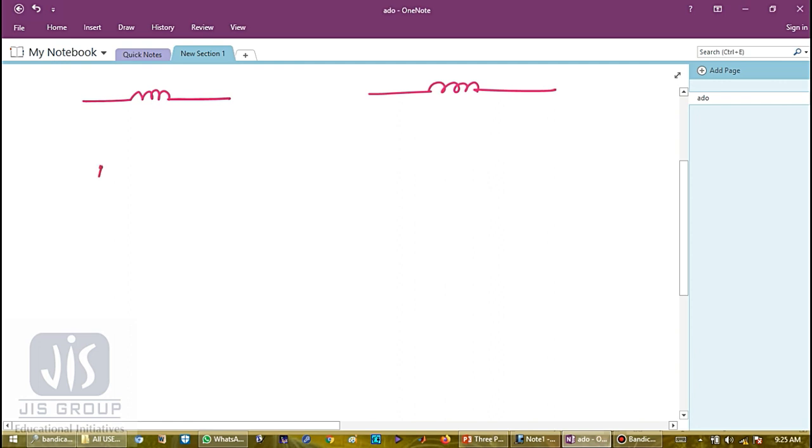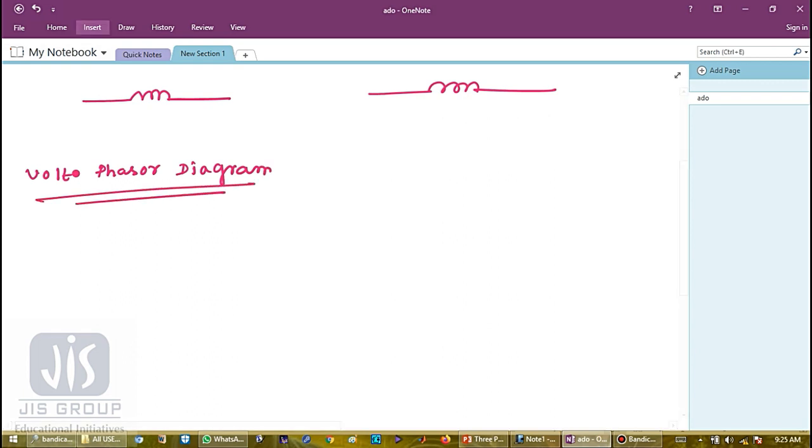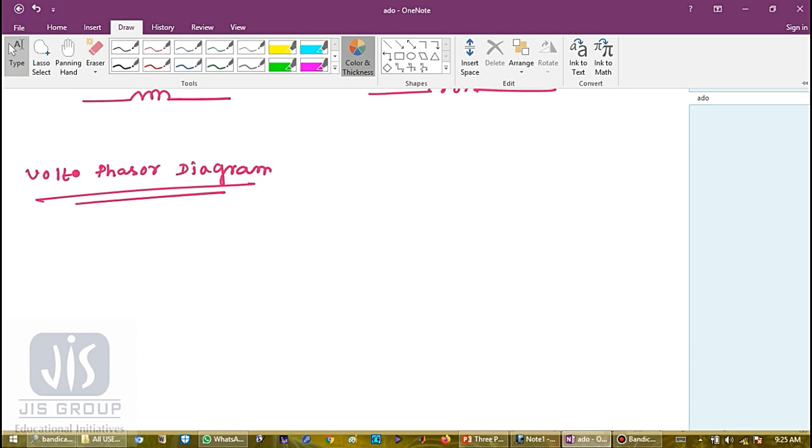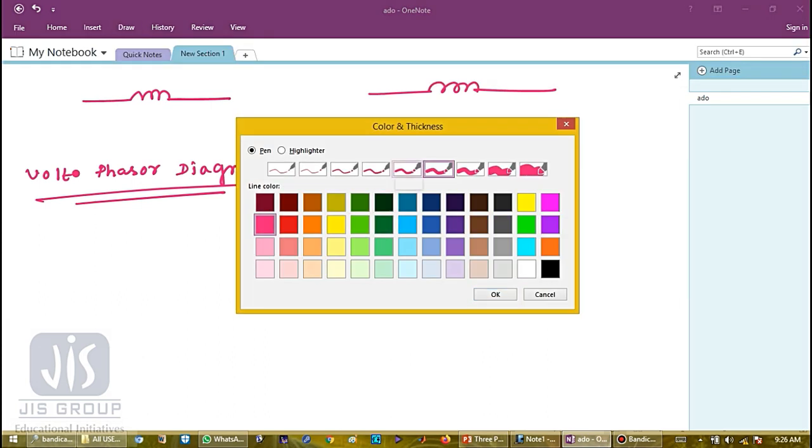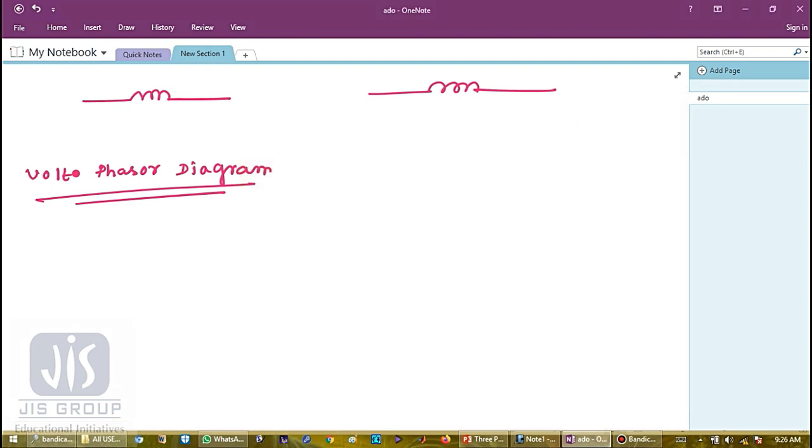Let me draw the voltage phasor diagram first.